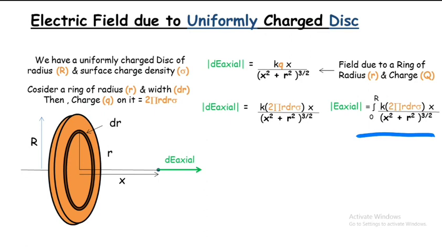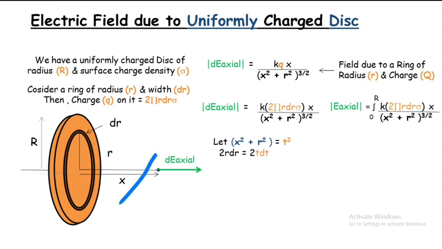Now this integration is a little bit tough, so let's say x² + r² = t². On differentiating this, we get 2r dr = 2t dt. Here x is constant, since in the question it is given that you have to find electric field at x distance from the center on the axis.